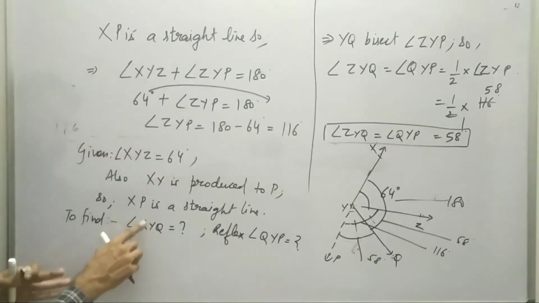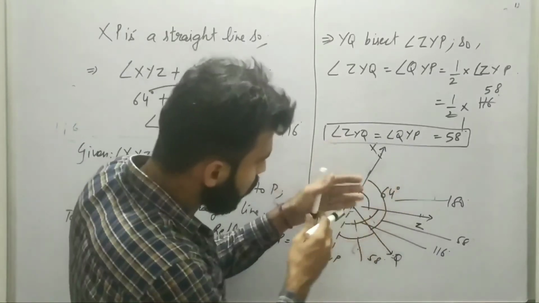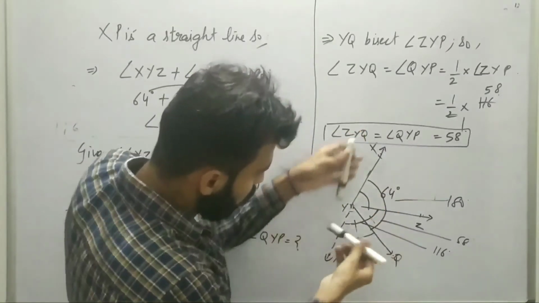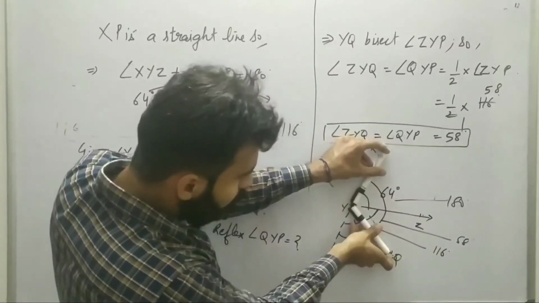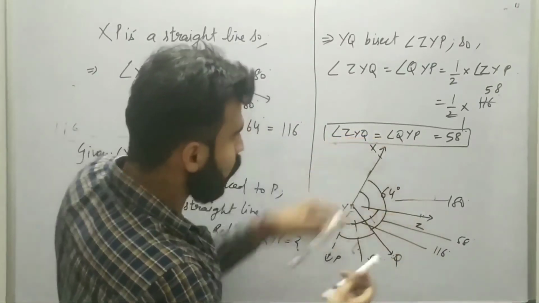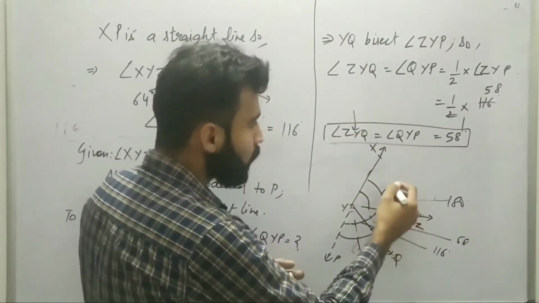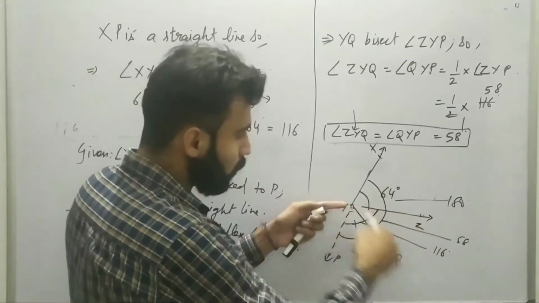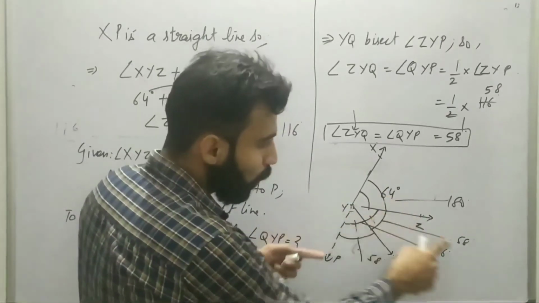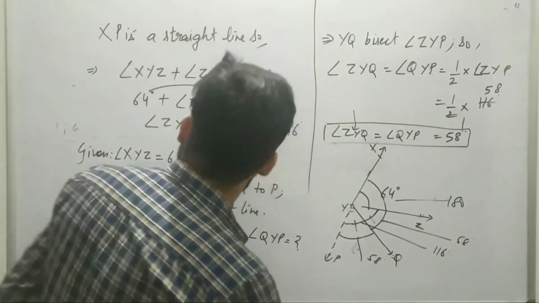Now we have to find out angle XYQ. Now, what is angle XYQ? You can see XYQ. This is the angle XYQ, and it is the combination of two angles I told you earlier, that is XYZ plus ZYQ. And now we know angle ZYQ. Also, XYZ is given to us as 64. So I'm going to simply add the 64 and 58 degree angles to get angle XYQ, right? So let me rub this space here.